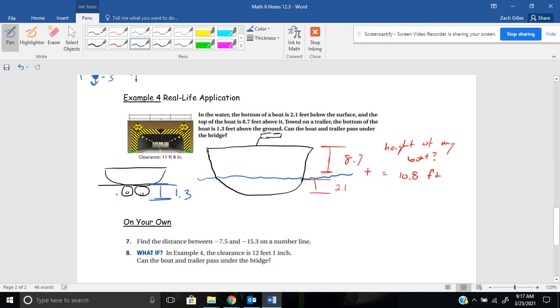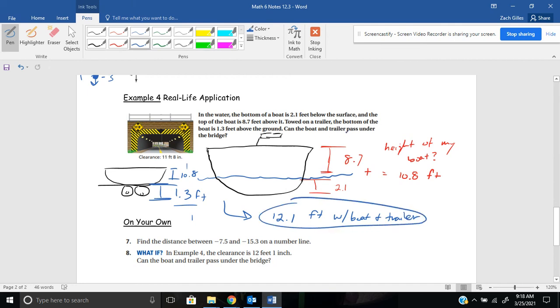So our trailer is roughly 1.3 feet tall, right? Can the boat and trailer pass under the bridge? Well, from the ground to the bottom of the boat is 1.3 plus the height of the boat, which I know is 10.8. What does that give me? Well, that tells me that, let's see, this would be 11, 12. So the height is 12.1 feet with the boat and trailer.